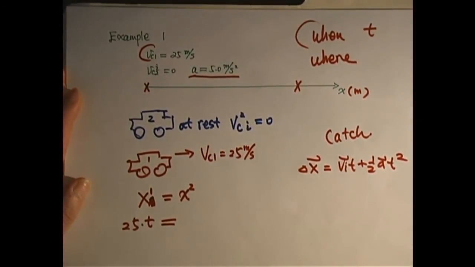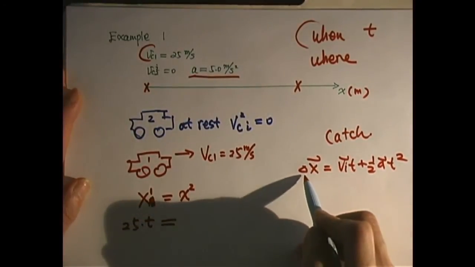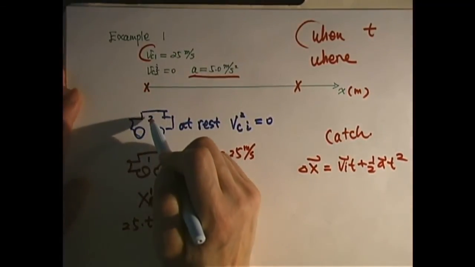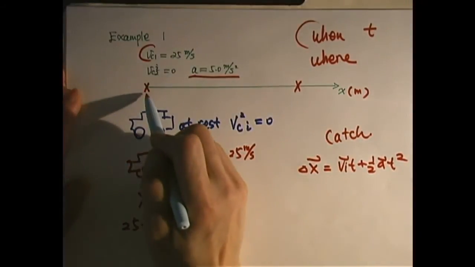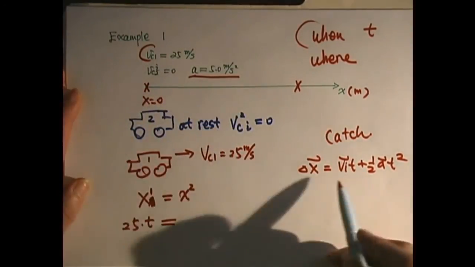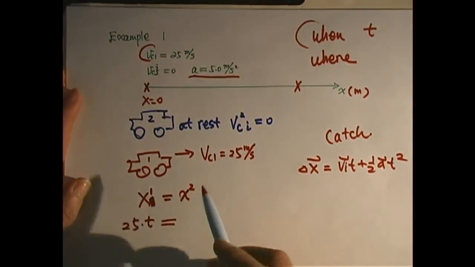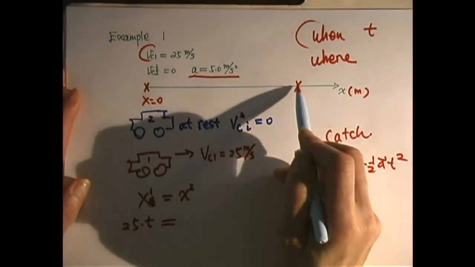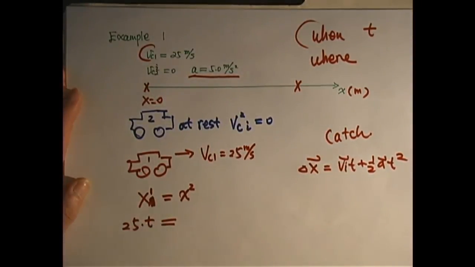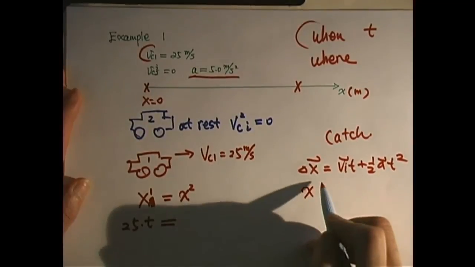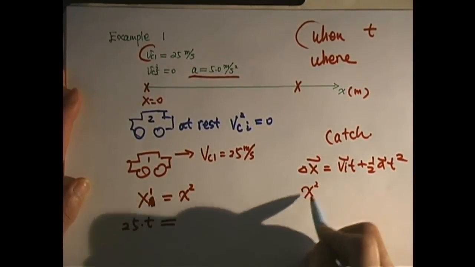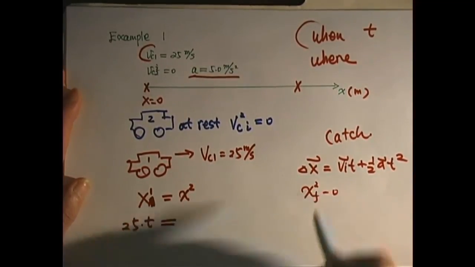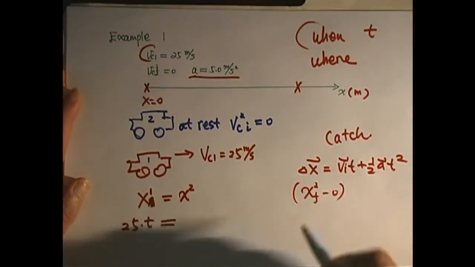So delta x is final position minus initial. Since car 2 also starts from x equal to 0, the final position x2 is also somewhere here. So the final position for 2 minus initial, which is from the origin, that's the change of position for car 2.